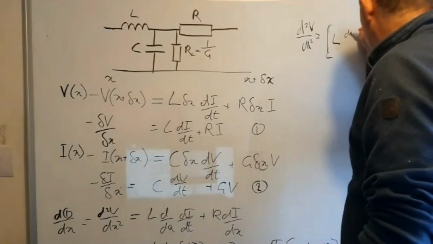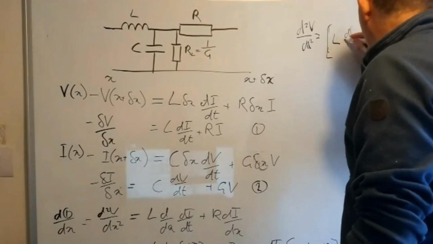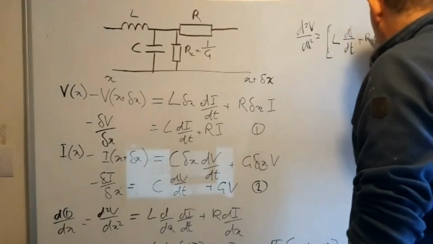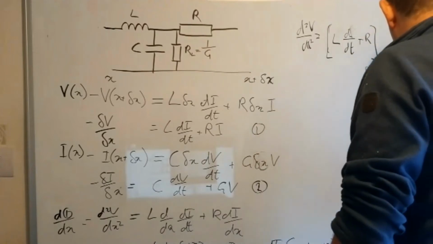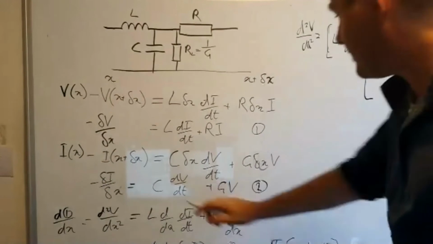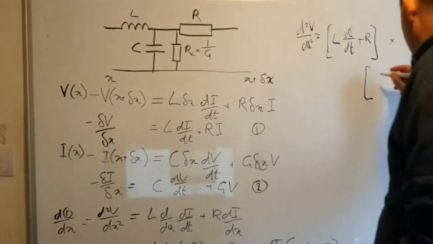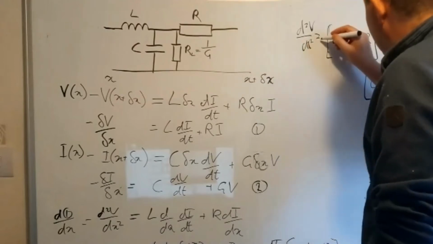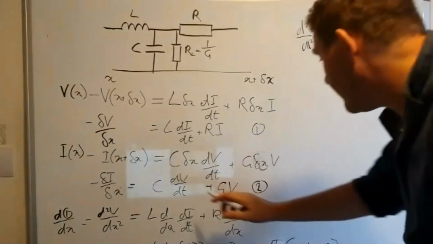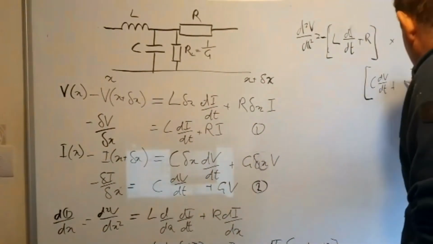So L d by dt plus R, times this part of it, C dV by dt, I'll move the minus sign there, plus GV.